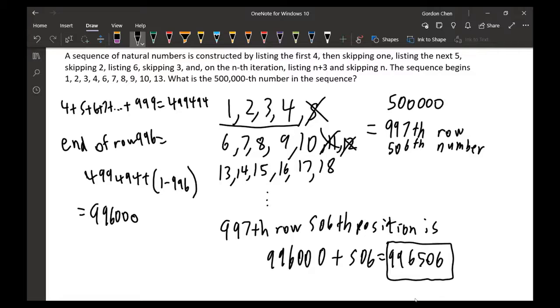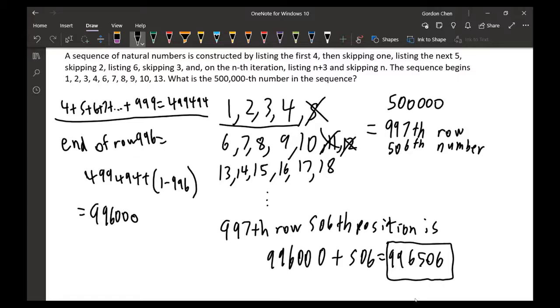We have that the 500,000th number is in the 997th row, and it's the 506th number from left to right.